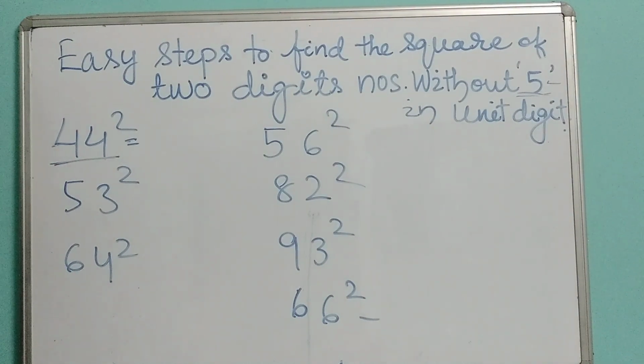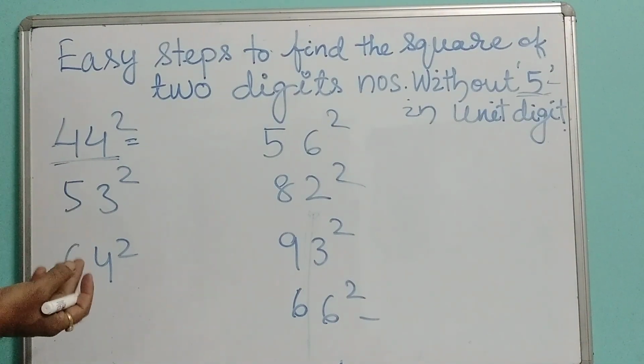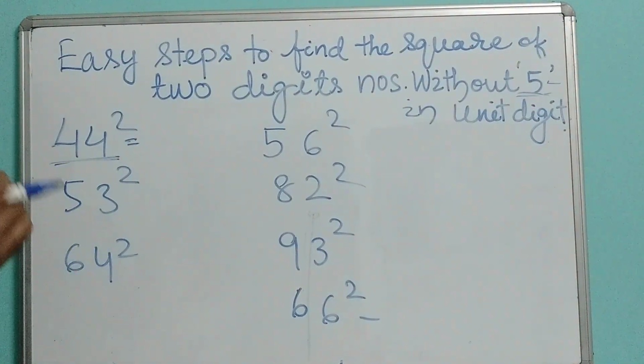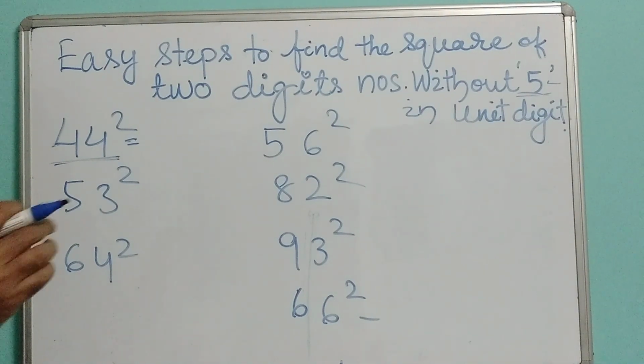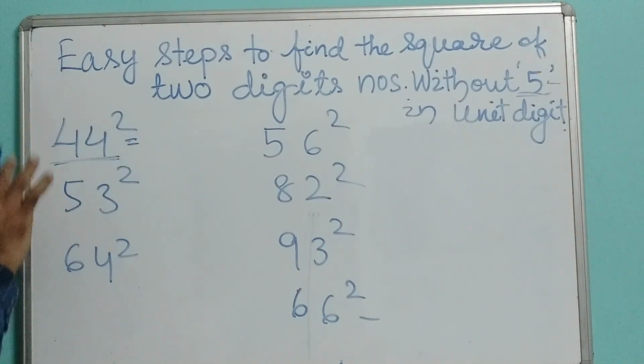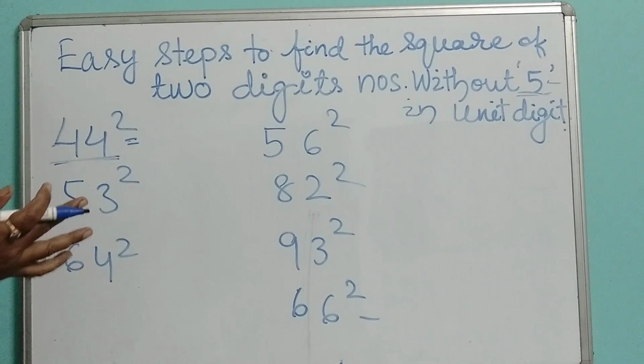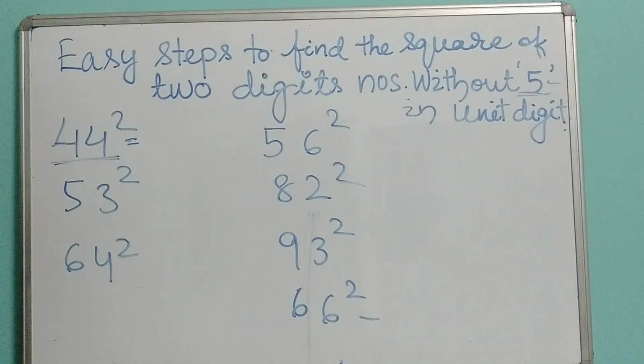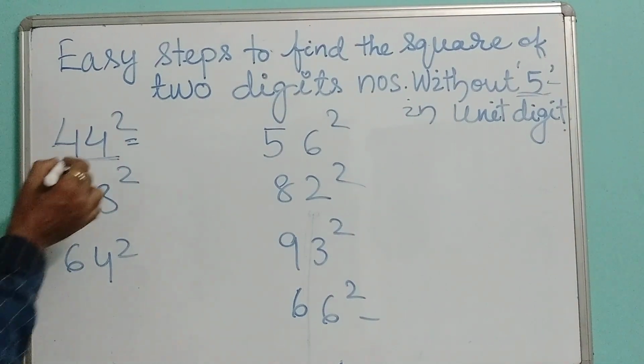Today's squaring will also be calculated without multiplying 44 into 44, 53 into 53, like that. How to calculate very easily? Just follow the method first.